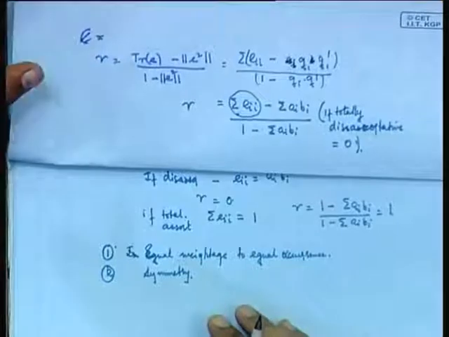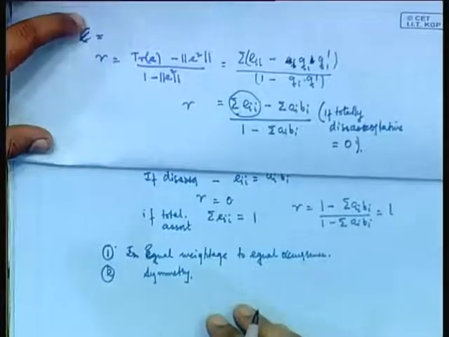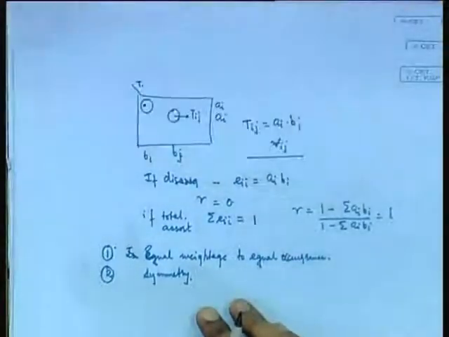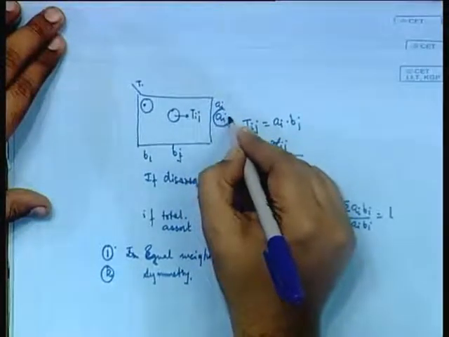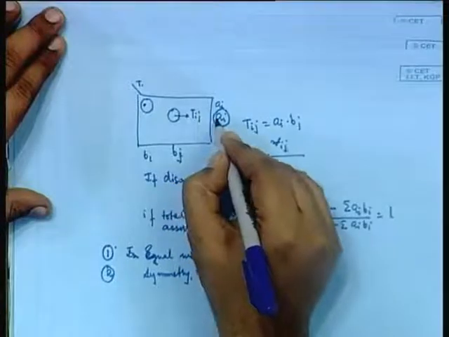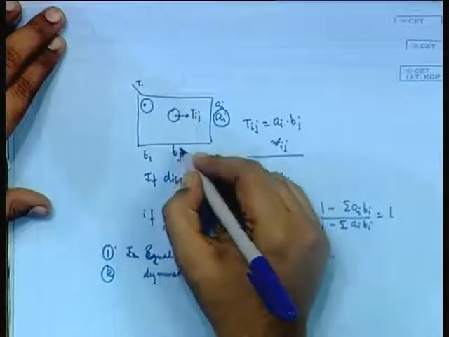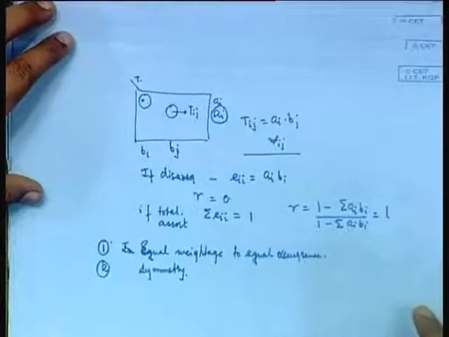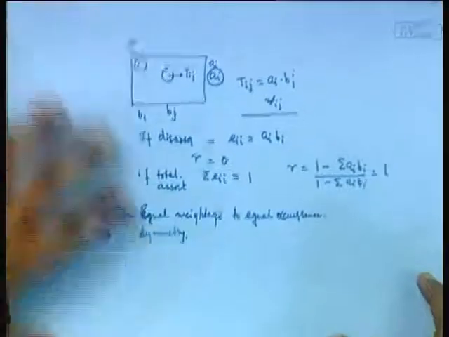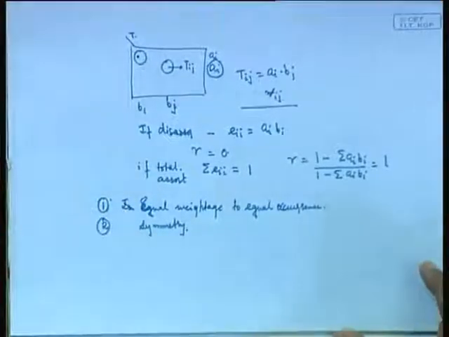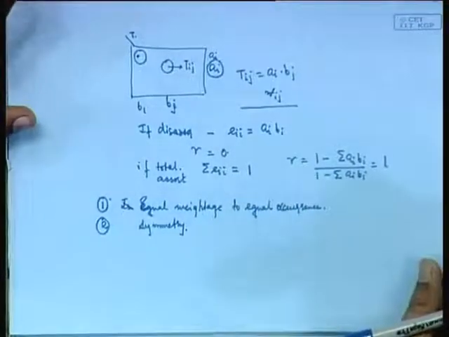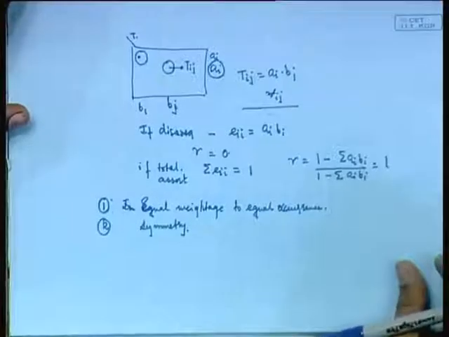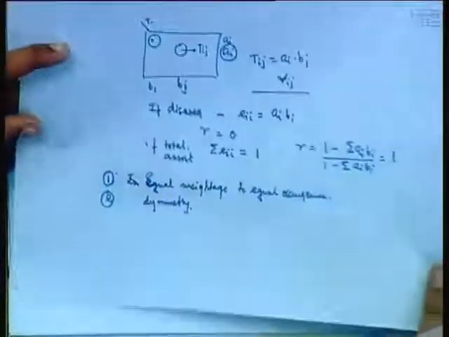So what are a_i and b_j? The row sum is a_i and the column sum is b_j. Clear? Very good. I hope we know the concept of associativity now. So what is the next question we should ask?